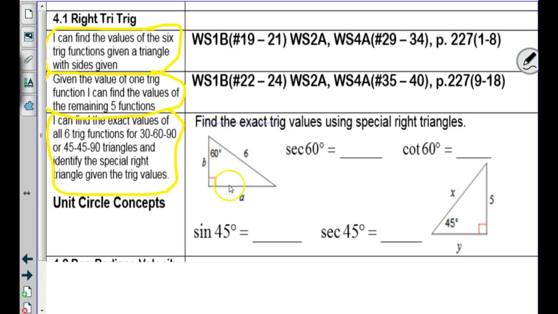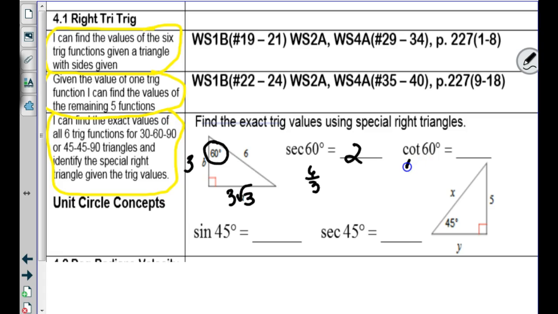But you're supposed to use the 30, 60, 90 that's here. So half of this number goes on the short leg, and then the short leg times the square root of 3 goes here. So secant from 60 up here, secant is the flip of cosine. So it's adjacent over hypotenuse, or in this case, hypotenuse over adjacent. So you'd get 6 over 3 or 2.